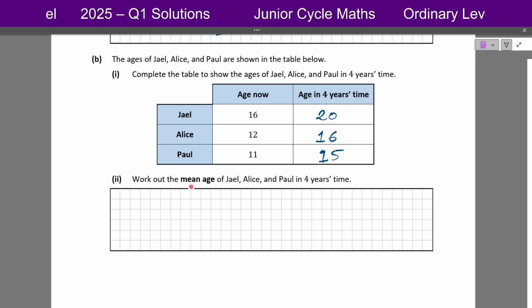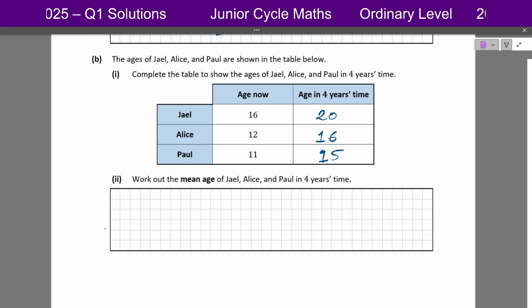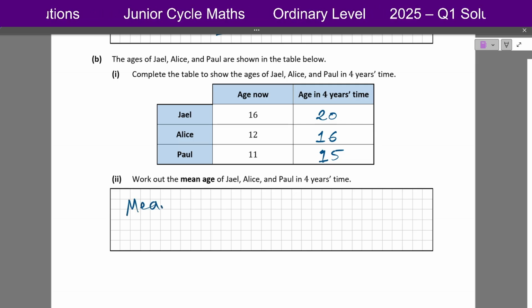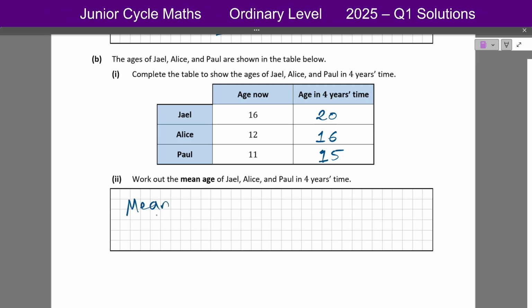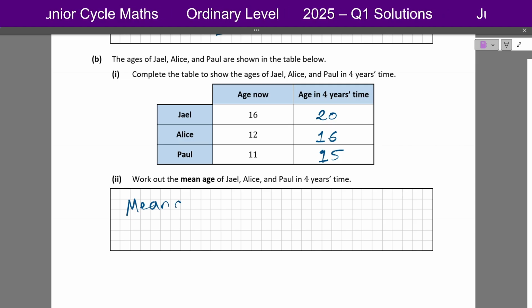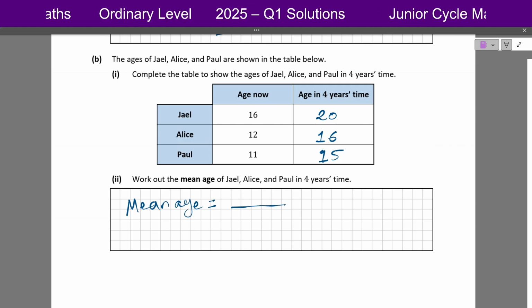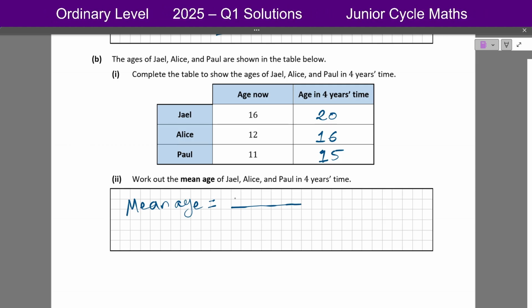So we say mean age equals, and we write it in fraction form.